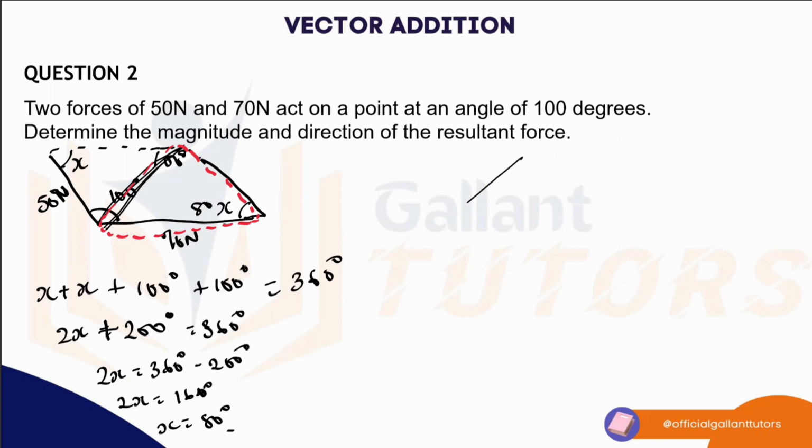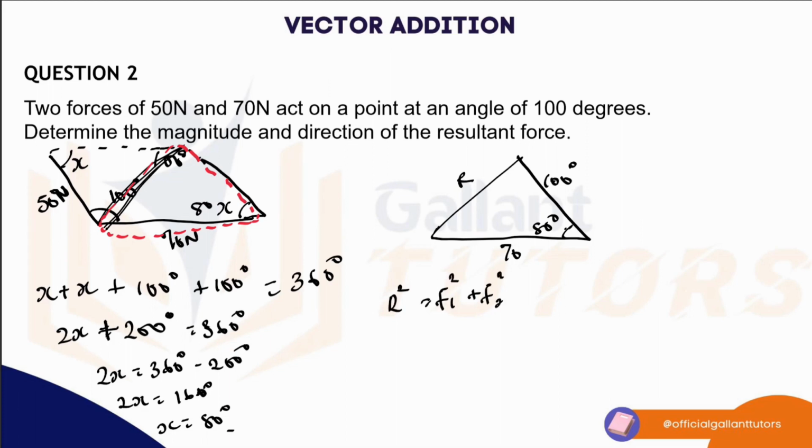So I have here 80 degrees, I have here 70, and I have here 100 degrees. And we have to look for this. As usual, make use of your cosine rule: F1 squared plus F2 squared minus 2 F1 F2 cos theta.